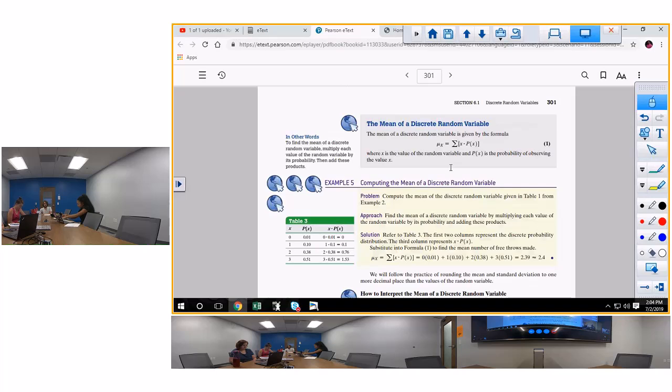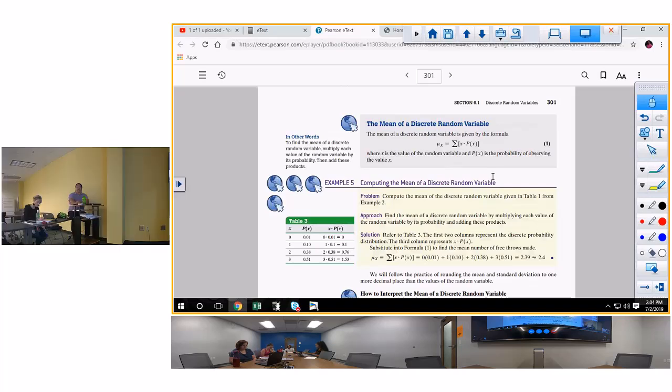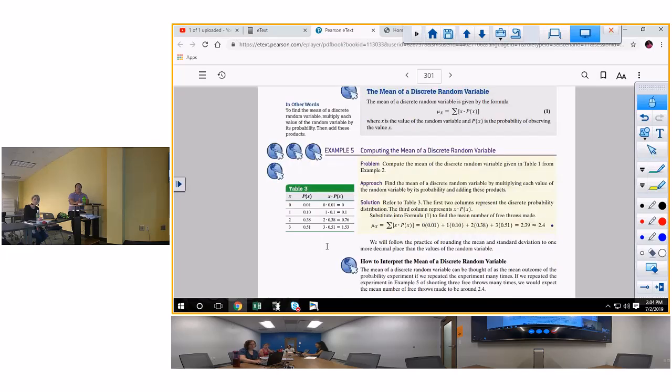Now remember, what are you doing? You're finding the mean. Okay? So read this. I'm just picking this question because it's in front of us. Compute the mean of the discrete random variable. Does it give us a table?